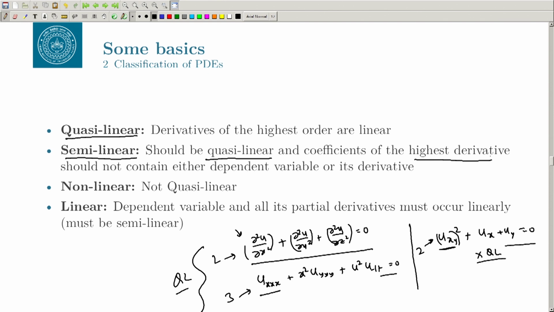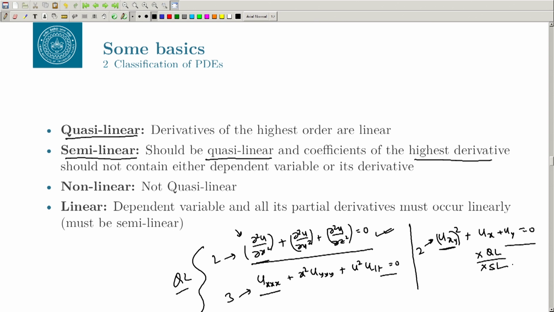So, this earlier one is by default semi linear: it is quasi linear and the coefficient of the highest derivative does not contain the dependent variable or its derivative. But the other example is neither quasi linear nor semi linear, because the precondition for semi linearity is that it should be quasi linear. If it is not quasi linear, it cannot be semi linear. But let me take you through one example which is quasi linear but not semi linear.